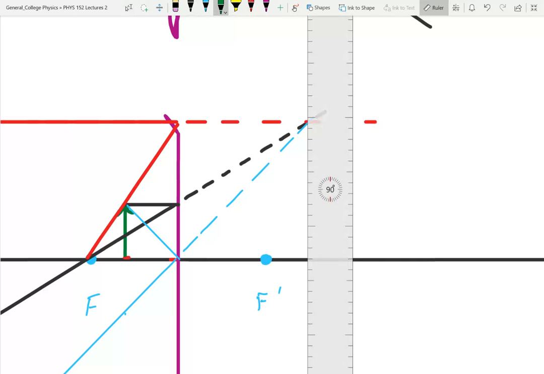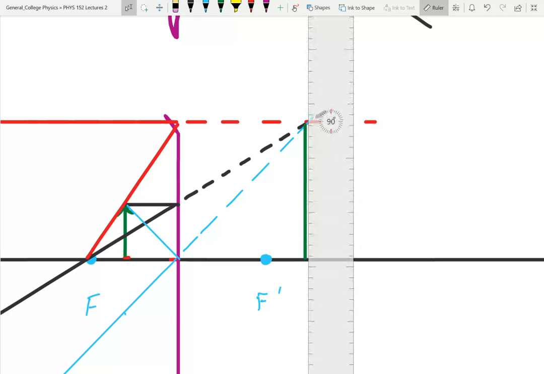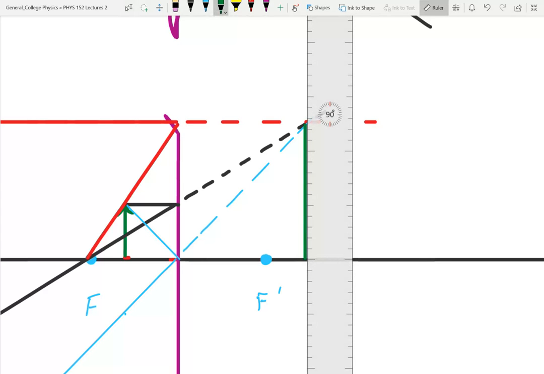So here's my image. My image height is 5, 10, 11, 12, about 12.8, would you say? 12.8, 12.9?